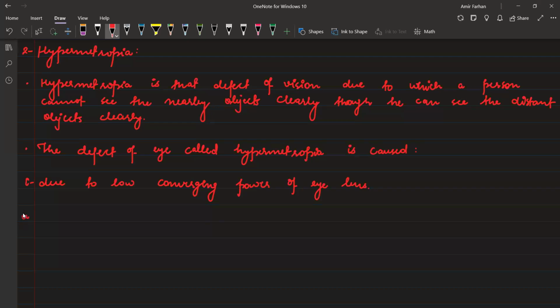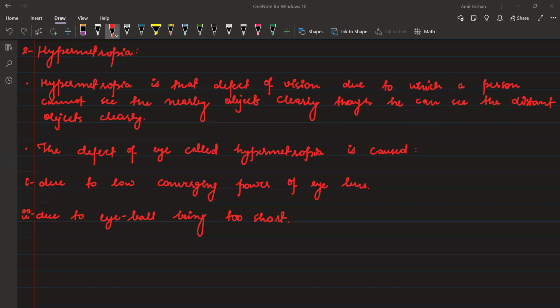Second reason is that the eyeball becomes too short. So these are the two reasons behind the hypermetropic eye: the eyeball becomes too short or the converging power of the eye lens becomes low. Okay, everyone.